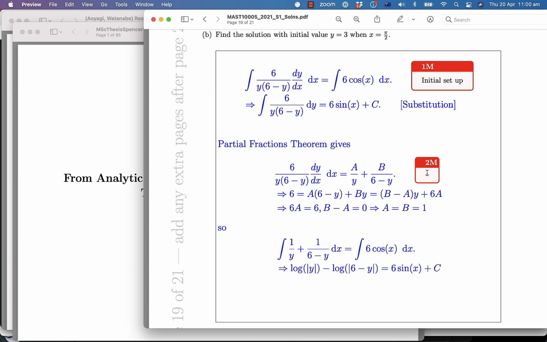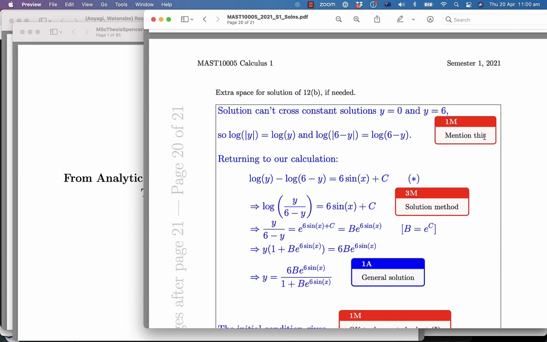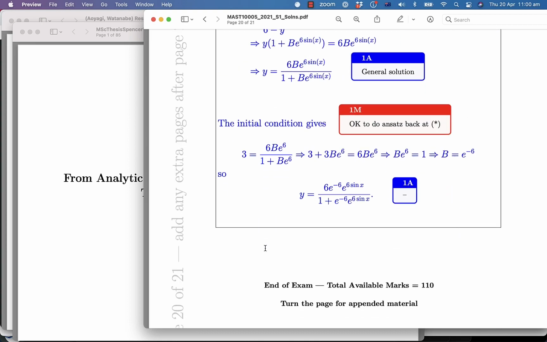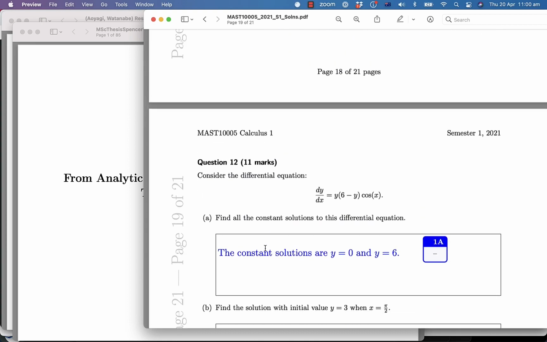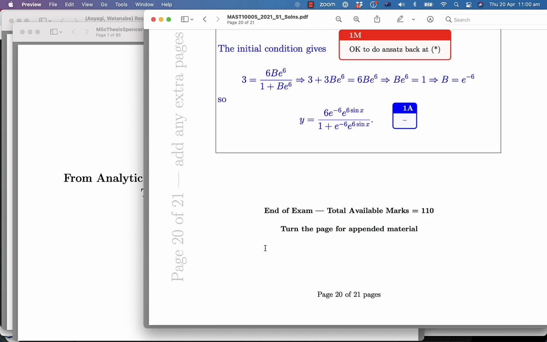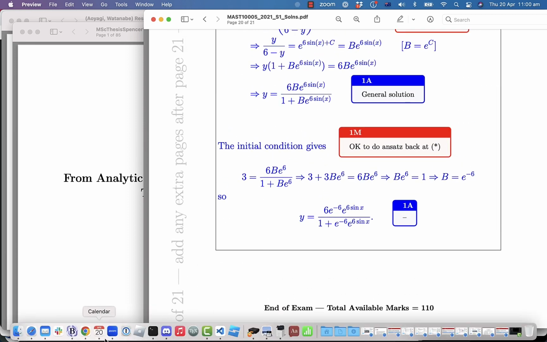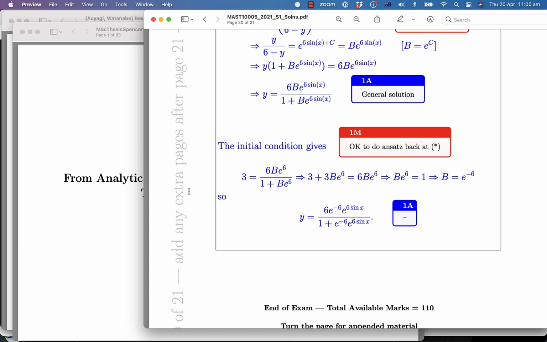Okay, so we got 1, 3, 4, plus 3, 7, but it missed the rest. So that's 7 out of 11. There's 11 points for this. God, it's kind of crazy.